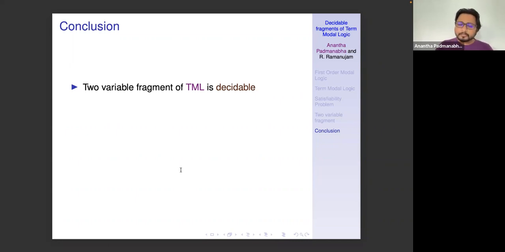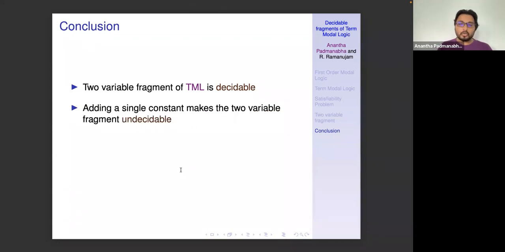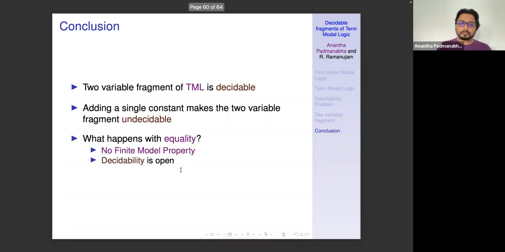Sorry about that. But just to conclude what I was saying, we only looked at two variable without equality, without constants, right? So first of all, as soon as we have one constant, we can have undecidability, because we can essentially code two variable FOML where the constant is used to encode the actual box. So we can do that.